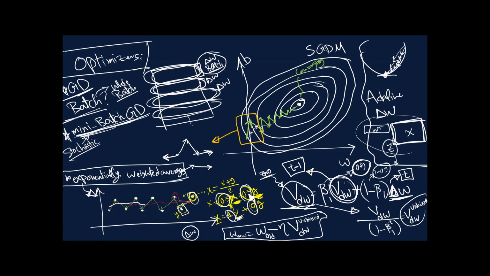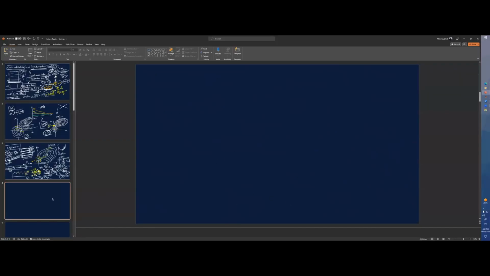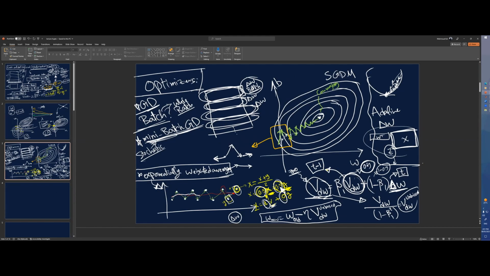No. Perfect. So what we described here, we didn't name it actually. We just said that we will be using the exponentially weighted averages to help us achieve our new optimizer, right? Our optimizer that we are describing here with these two equations is called momentum.